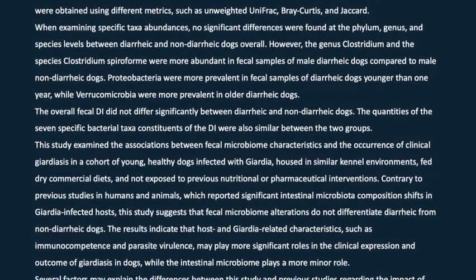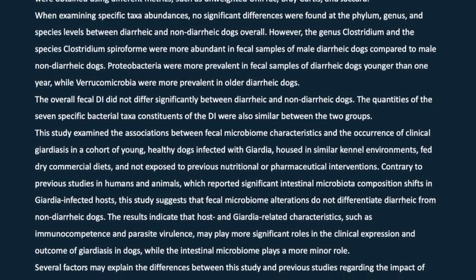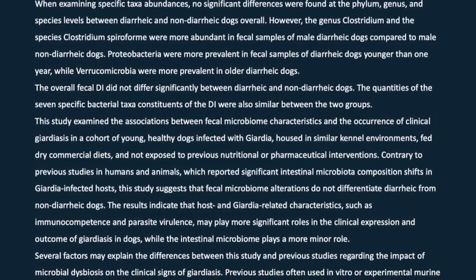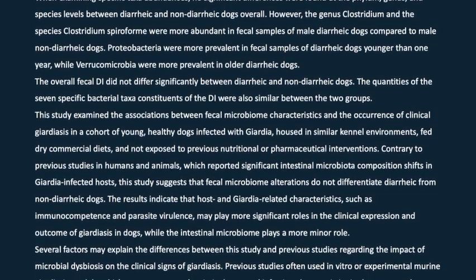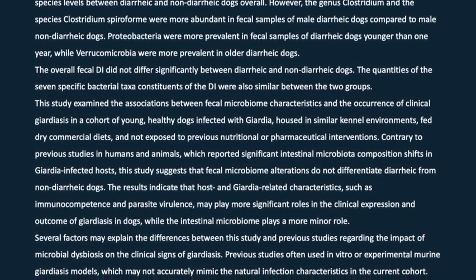This study examined the associations between fecal microbiome characteristics and the occurrence of clinical giardiasis in a cohort of young, healthy dogs infected with Giardia, housed in similar kennel environments, fed dry commercial diets, and not exposed to previous nutritional or pharmaceutical interventions.